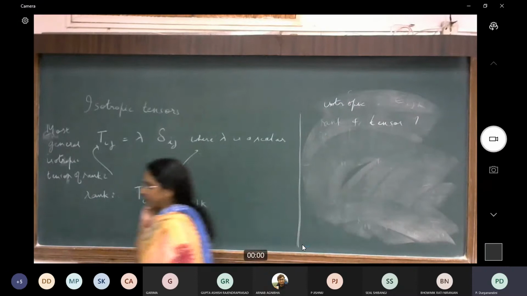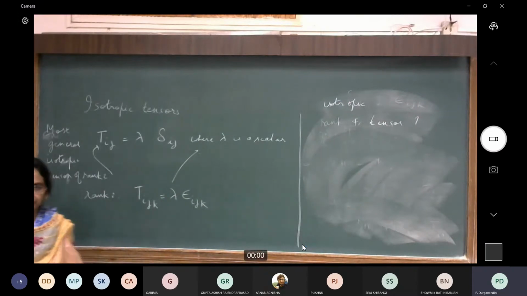At least one example can we write down. Given that you know that the second rank isotropic tensor is delta ij and the third rank is this, can you write down at least one isotropic fourth rank tensor, using whatever we have learned earlier?